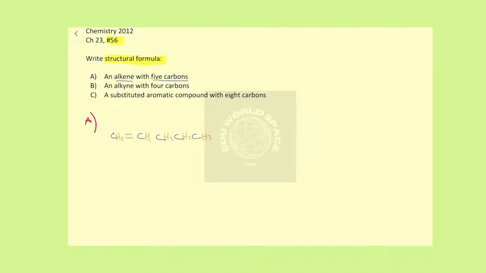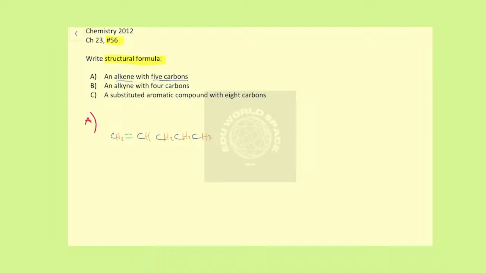Part C, we have a substituted aromatic compound with 8 carbons. I know one very common aromatic compound, benzene, so what I want to do here is just draw that benzene.